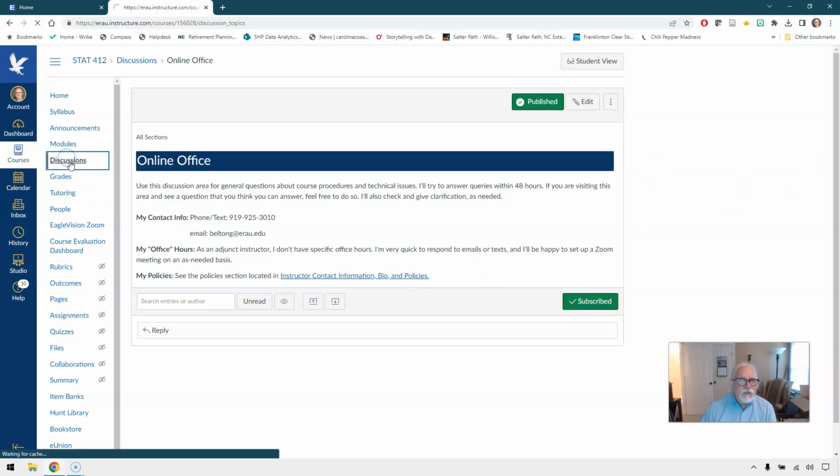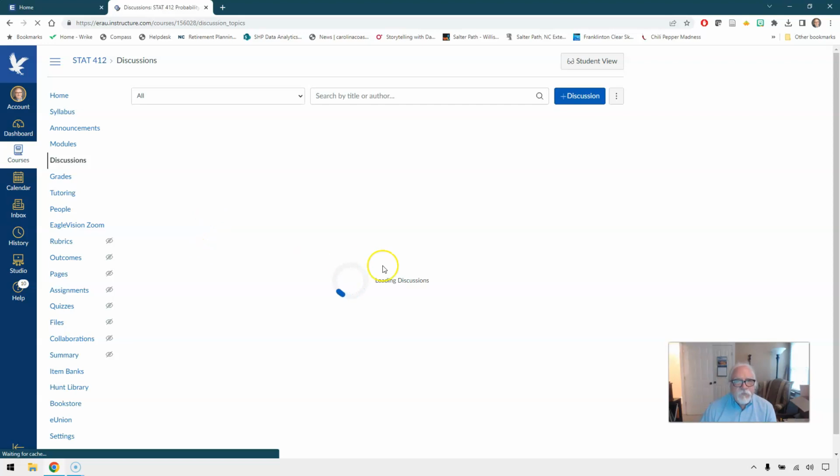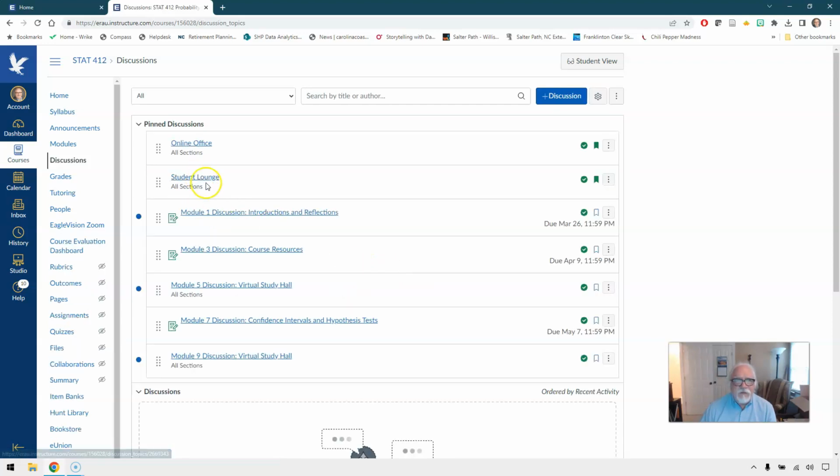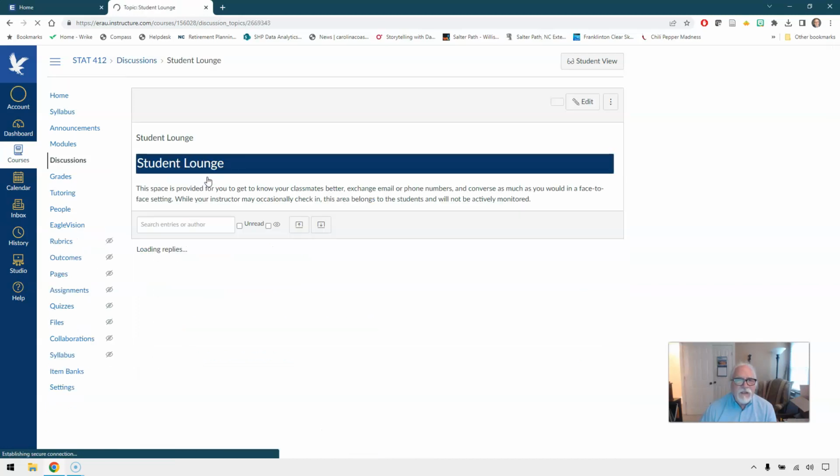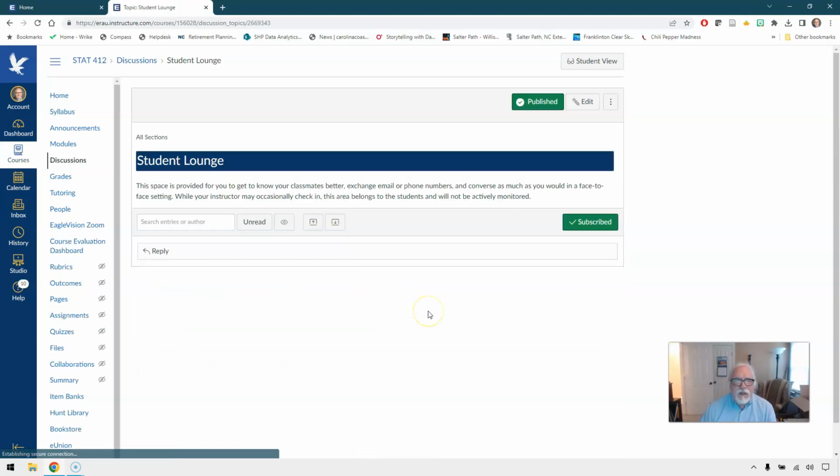And the other thing in discussions, and this is, in my opinion, far underutilized, the student lounge. This is just a place for you guys to check in. This is a place for you to get to know each other, exchange emails, exchange phone numbers, converse much like you would if we were in an actual classroom.